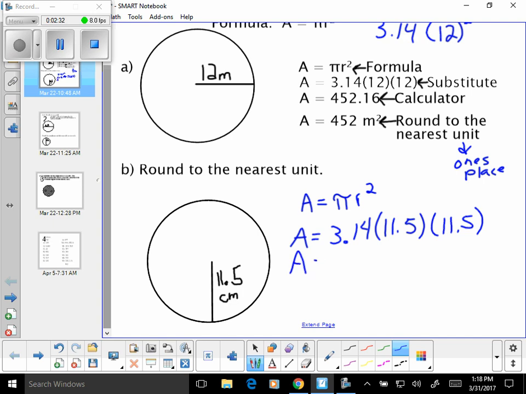Then, using my handy-dandy calculator, I am going to take 3.14 times 11.5 times 11.5. It does say to round off to the nearest unit, so that should be 415. Again, remember we're working with area, so we're back to using square units. We should have 415 square units.